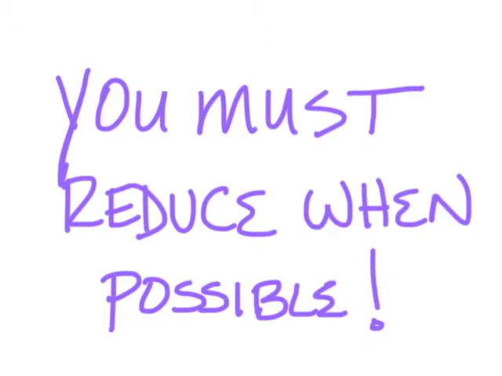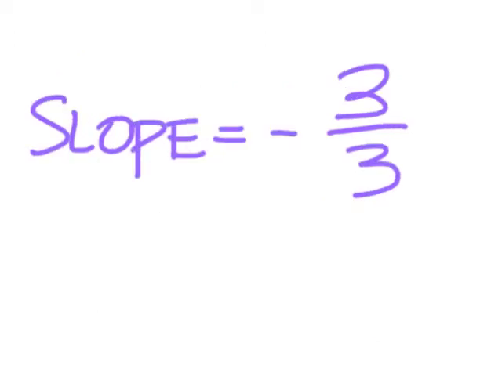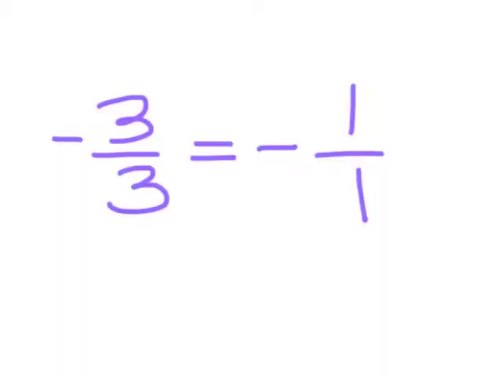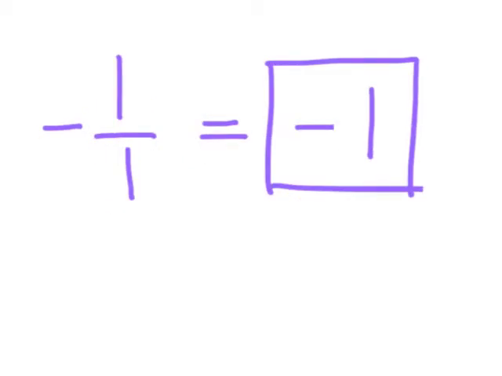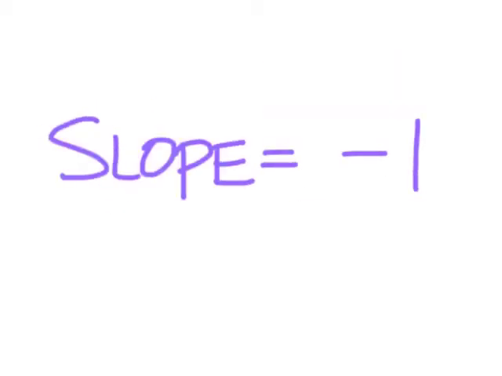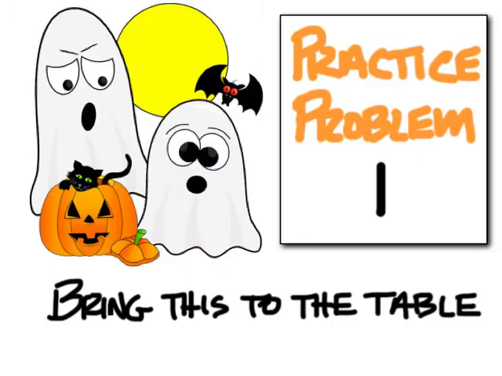But there is something else you have to do. You must reduce when possible, no exceptions. So if the slope is negative 3 over 3, what should it be after it's reduced? The answer should be negative 1 over 1, but you reduce that to negative 1 for the final answer.